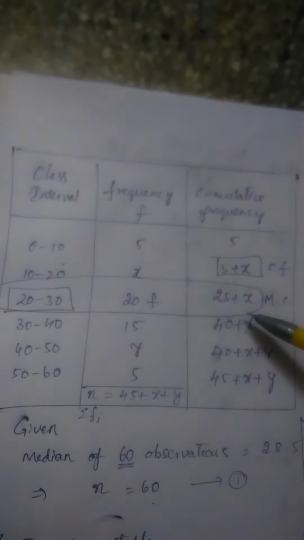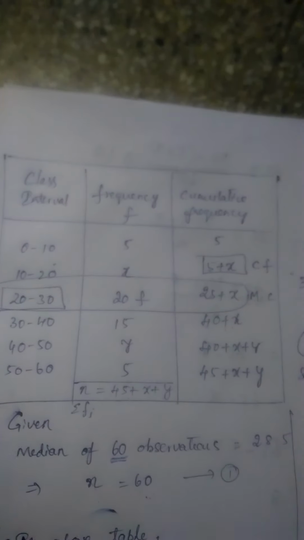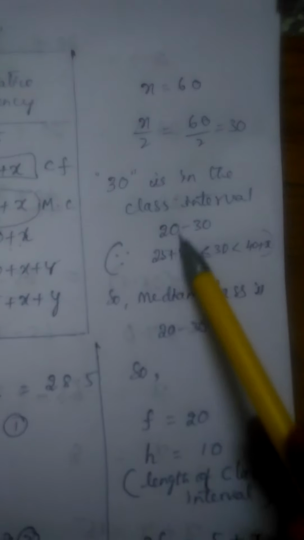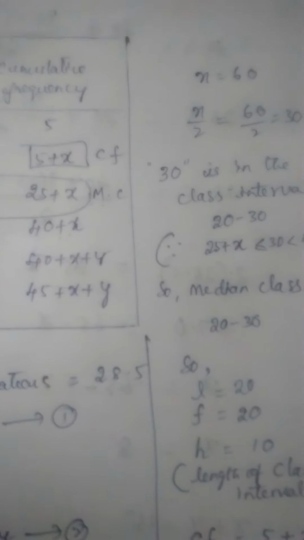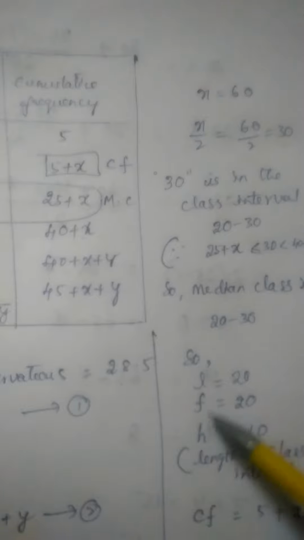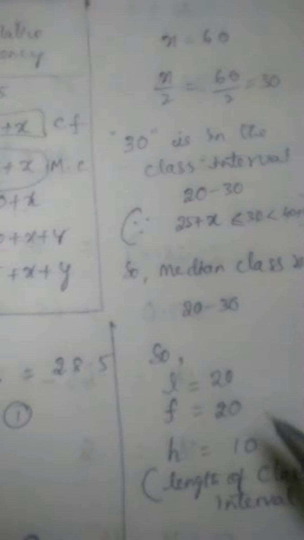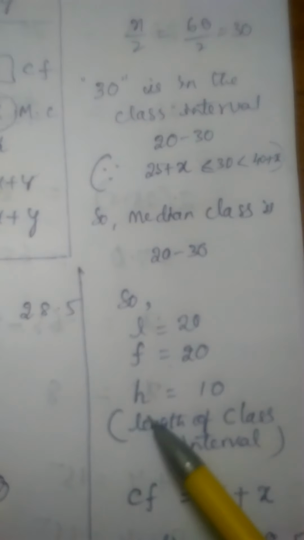In this interval, the frequency is denoted as f, and the cumulative frequency before the median class is denoted as cf. What is the lower boundary? L equal to 20. The frequency of the median class, f, equal to 20.